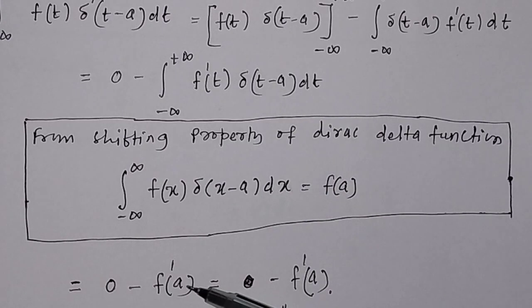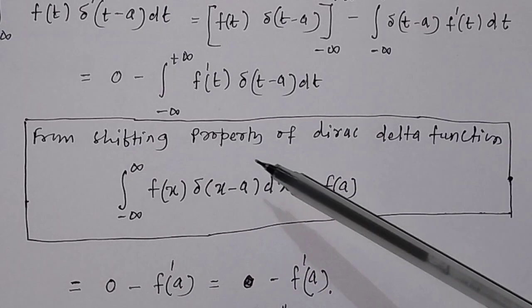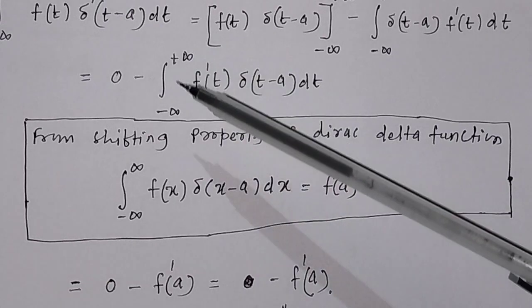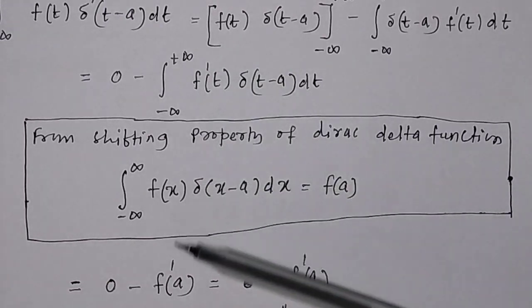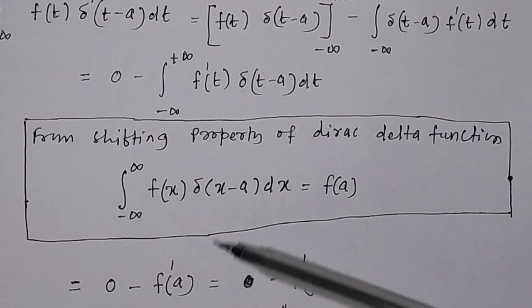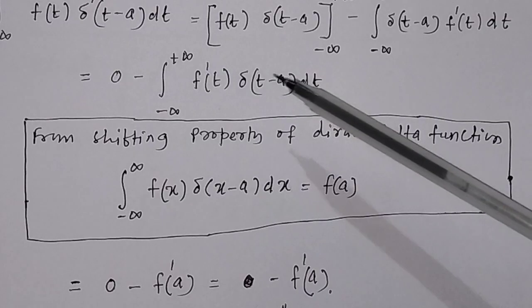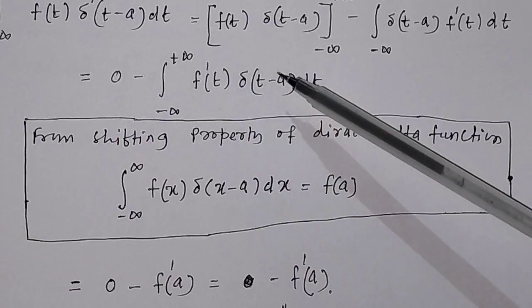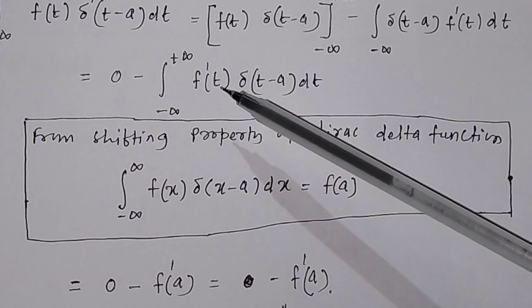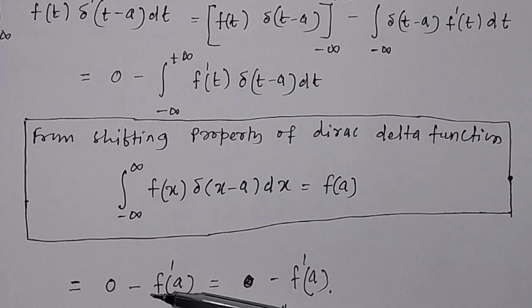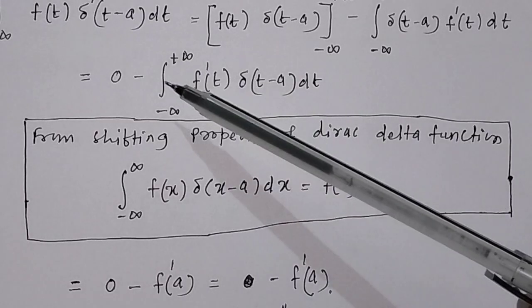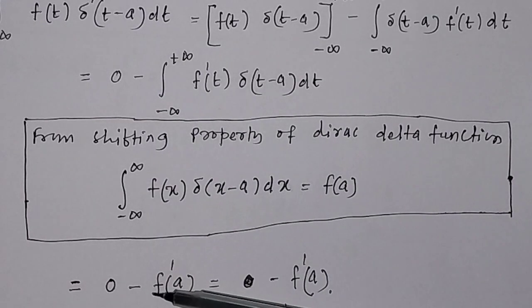It will be equal to f dash a, is it not? Because the function here is f dash t, you have to put the value a in place of t. That will be equal to minus, since the minus symbol is there, minus f dash a. So the answer will be equal to minus f dash a.